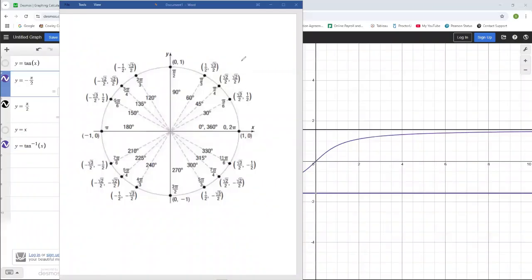Okay, so let's focus in on this here. I know that if we ask for the tangent of pi over 4, remember that's y over x, so this number divided by the same number, we know the tangent of pi over 4 to be 1.